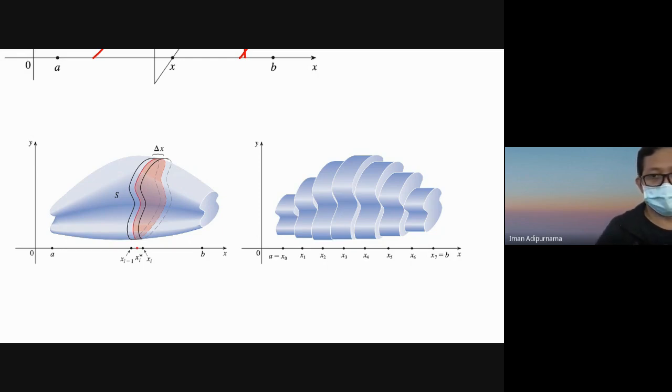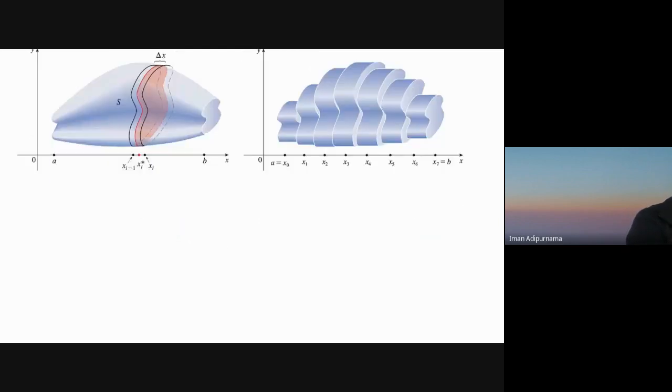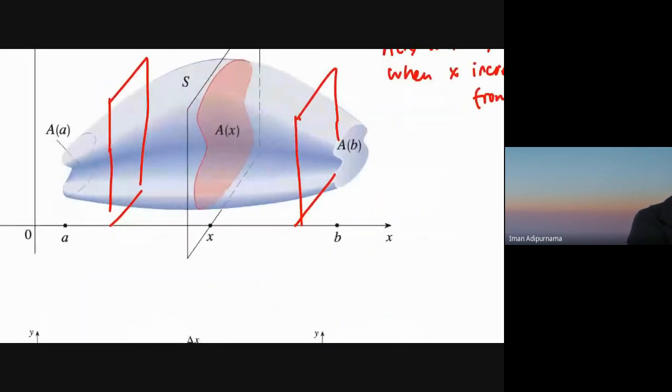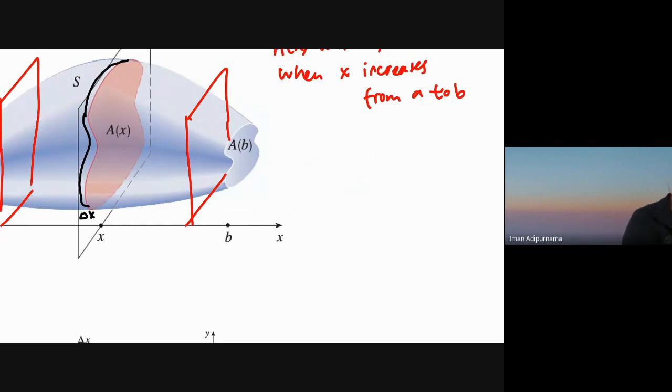A similar thing. So the volume will be the area and then delta x. If you just imagine a tube, the tube has a volume of the area multiplied by the height, right?